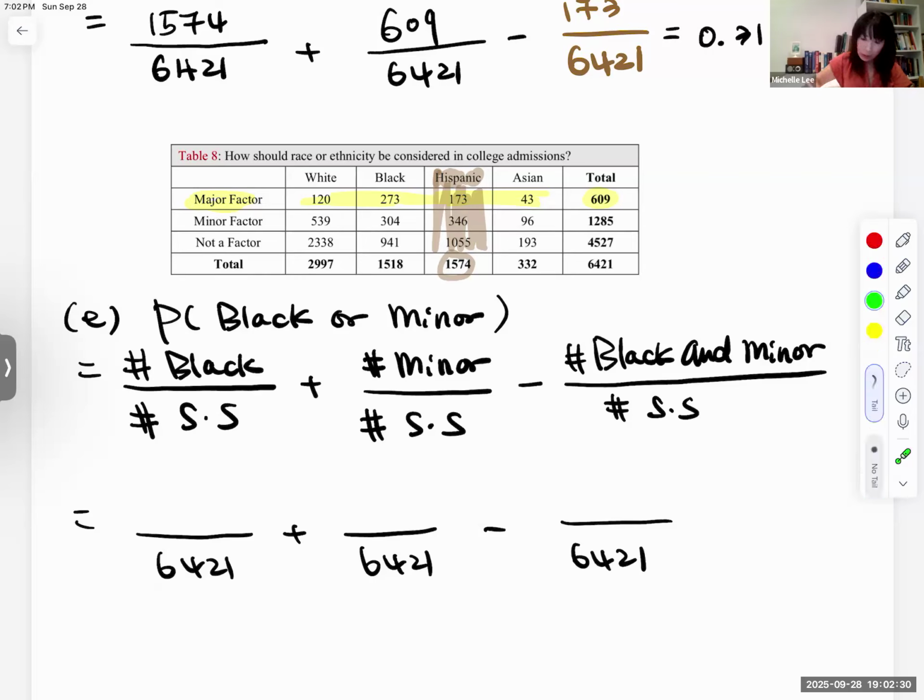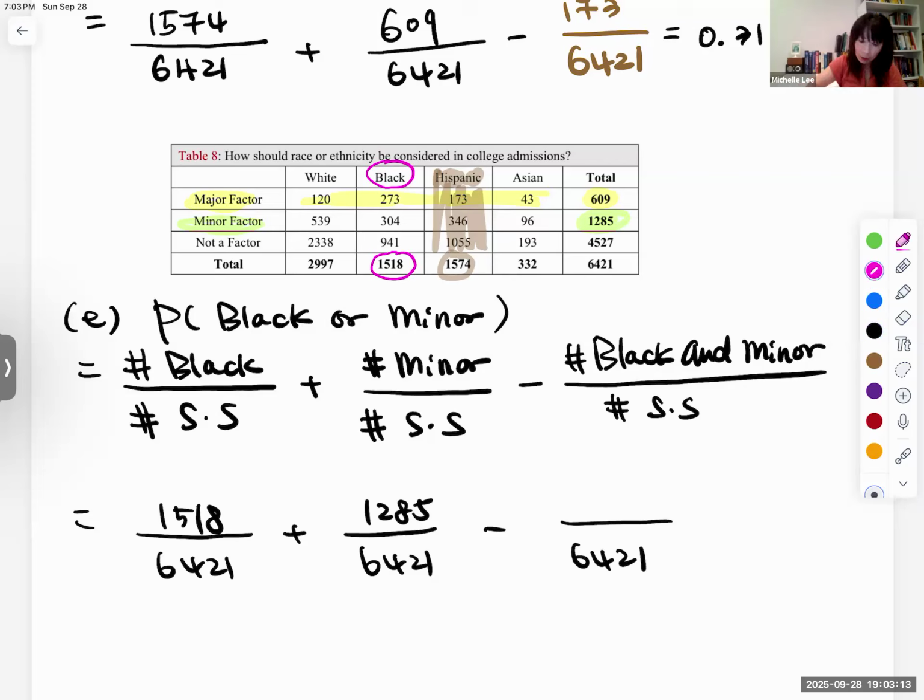Okay, black we are using here, right? So we get 1,518. And then minor, I think we had this color earlier, minor. So we have a 1,285. Okay, is there overlapping part? Black and minor, right? Yes. So let's take a look.